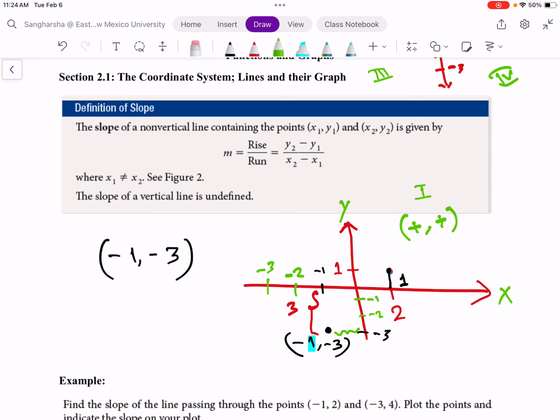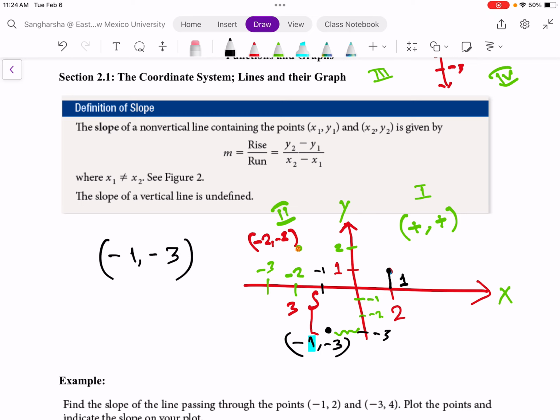In the second quadrant, is the x coordinate positive or negative? What will be the sign of the x coordinate in the second quadrant? Let me take a point here. What is the coordinate of this point? It is (-2, 2).